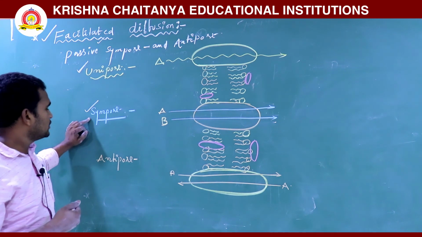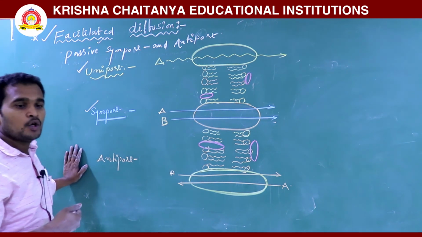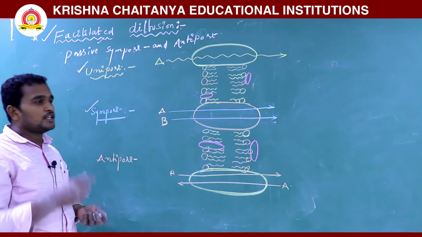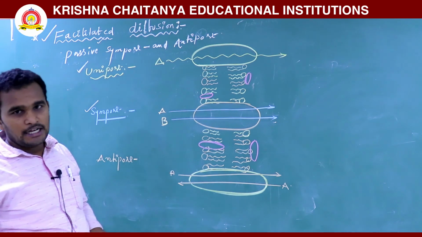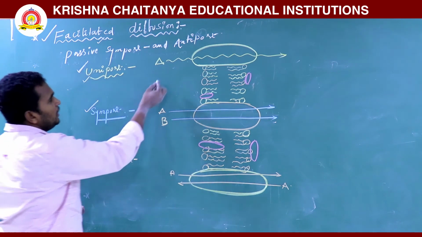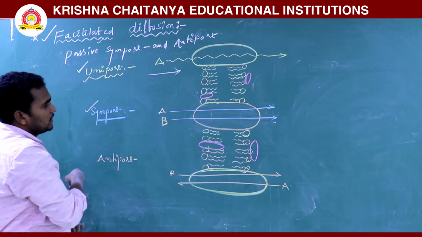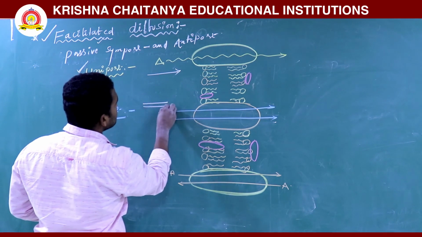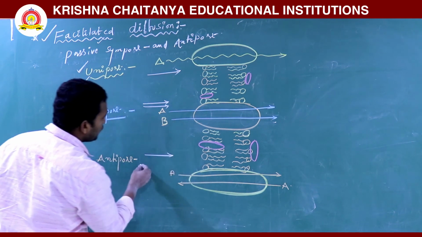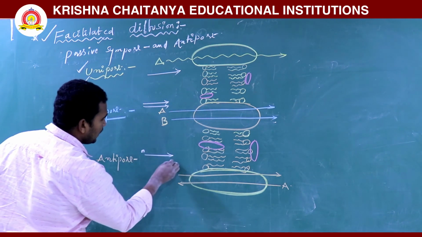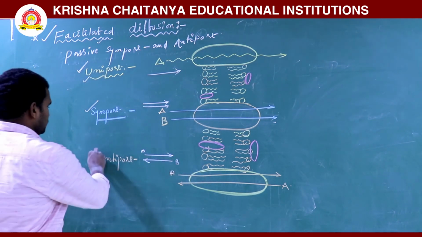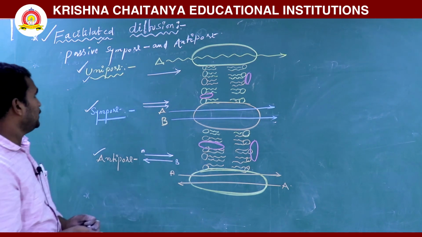Antiport means two molecules move across the transporter protein in opposite directions: A moves one side and B moves the other side.